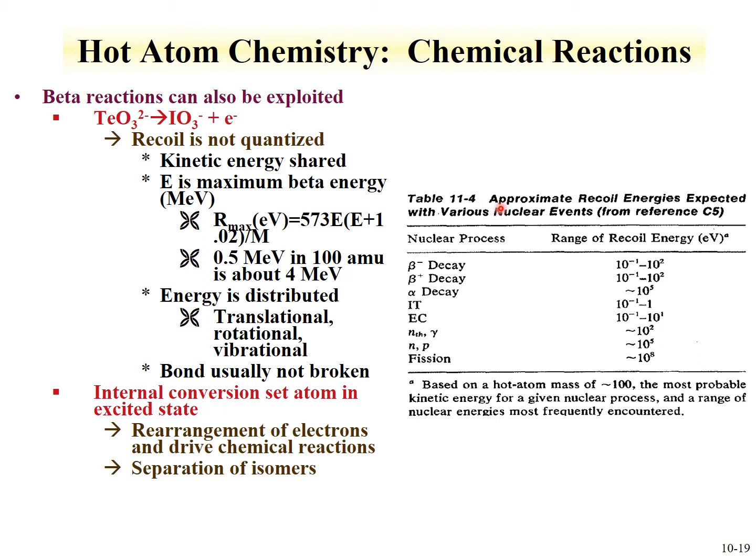And again, looking at some recoil energies expected from various decay events are listed here. As we see, beta decay, positron decay, and fission certainly have sufficient energy to achieve separations.